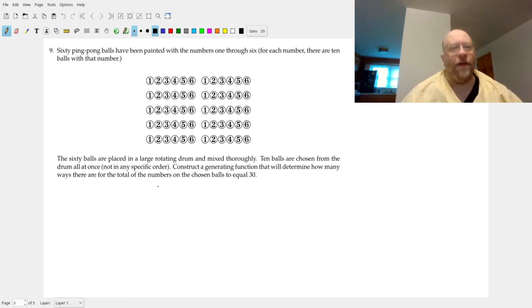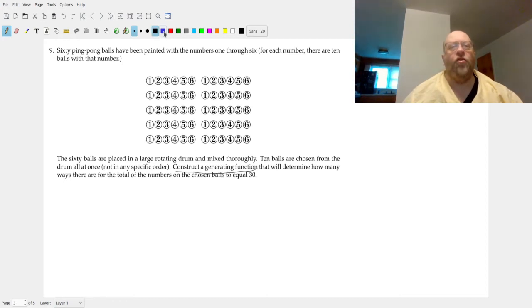Next question. This is the question about the ping pong balls. We want to construct a generating function that will allow us to work with this problem. 10 balls will be chosen from the drum, and the total number on the balls is to equal 30.